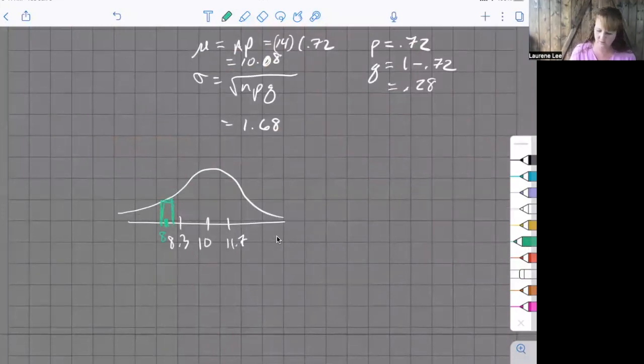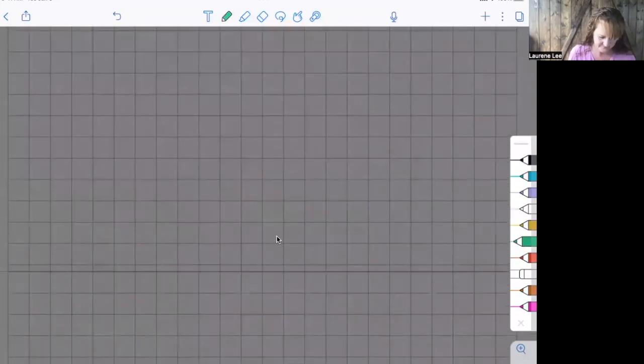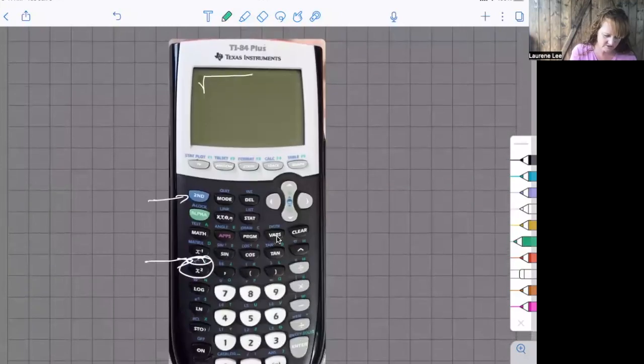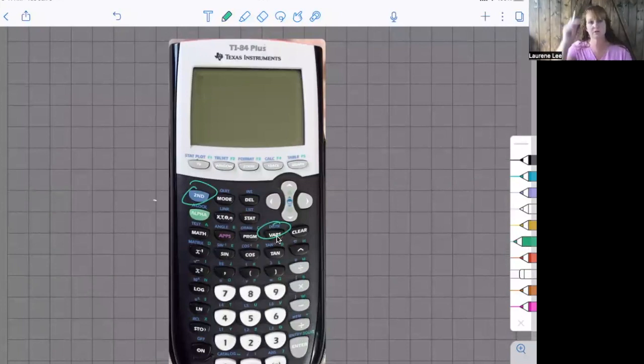All right, so what you're going to do on a TI is you're going into the same place that we have been. Second function, distribution. And you're going to scroll down past the window. So you have a couple options. Keep scrolling down.